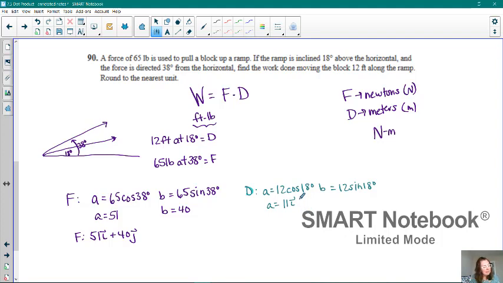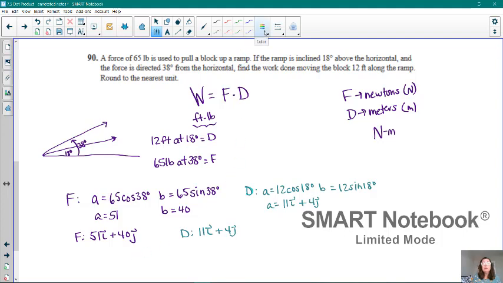The vertical component would be 4. I got 11.4 and 3.7, if any of you are calculating too, which I hope you are. So A was equal to 11, B was equal to 4. So here's our displacement vector: 11i plus 4j.